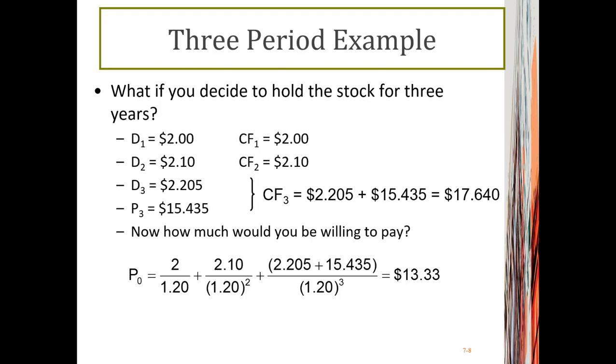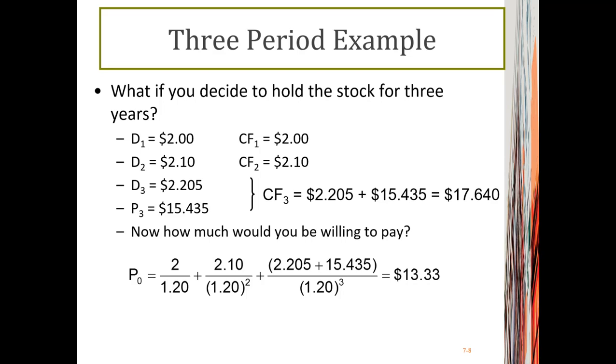Now we can expand this analysis a little bit further to consider a 3-period example where the investor holds this stock for 3 years, and the dividend would be $2 for the first year, $2.10 for the second year, and $2.20 for the third year.